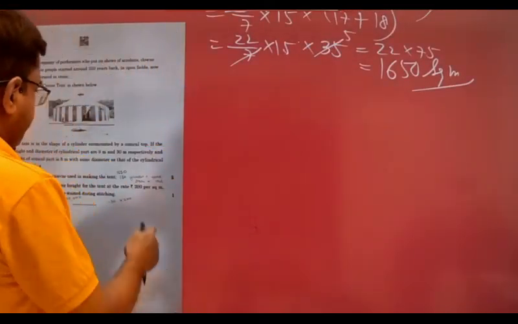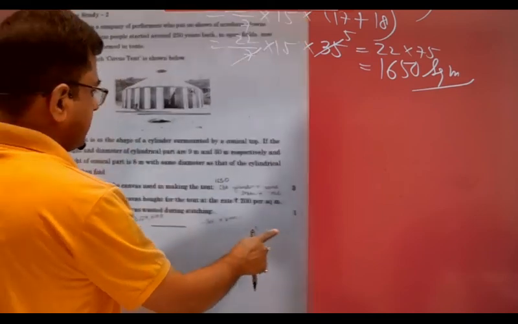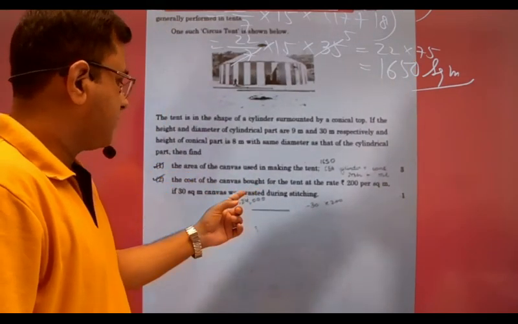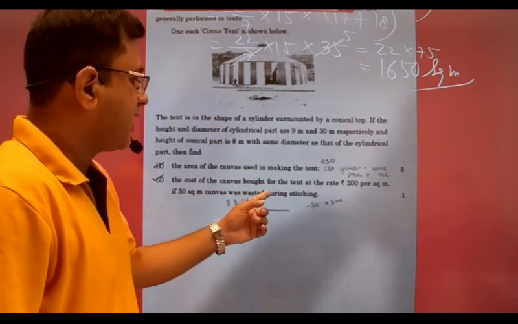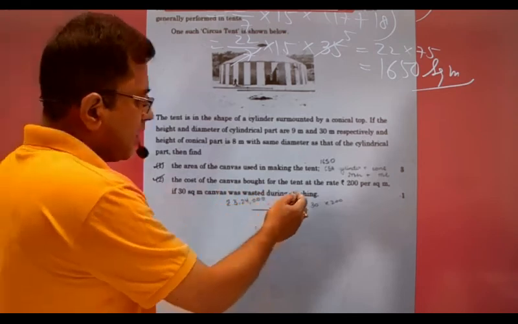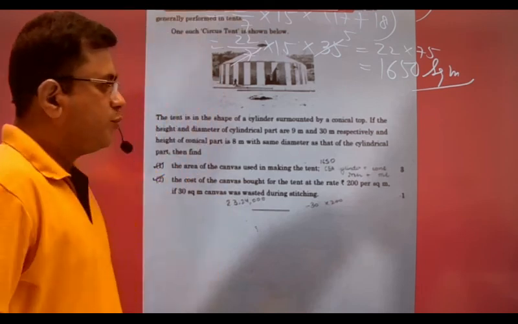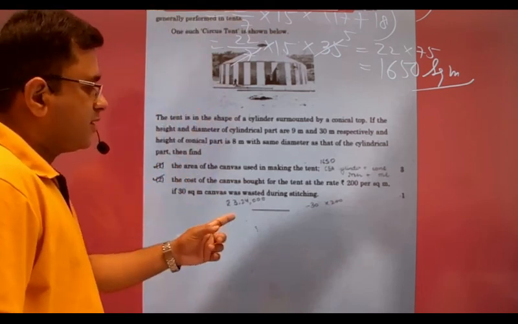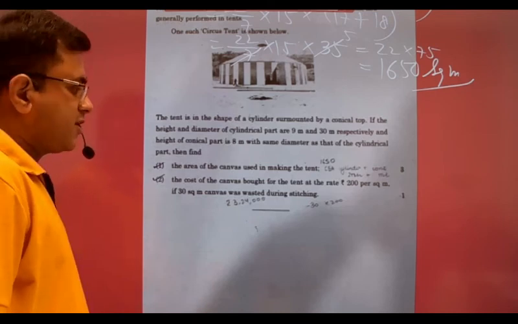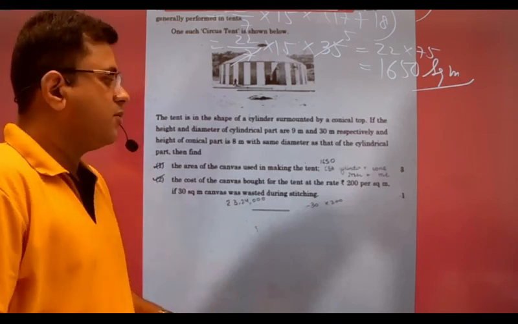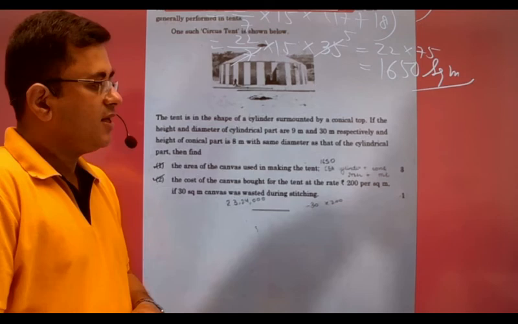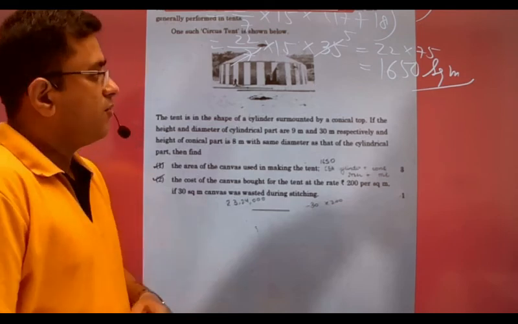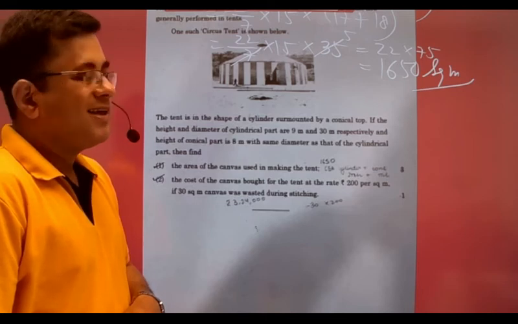In the next part, you need to find out the cost of the canvas bought for the tent at the rate of rupees 200 per square meter, if 30 square meter of canvas was wasted during the stretching. So you need to find out the rate of the cloth that is used for stretching the canvas.